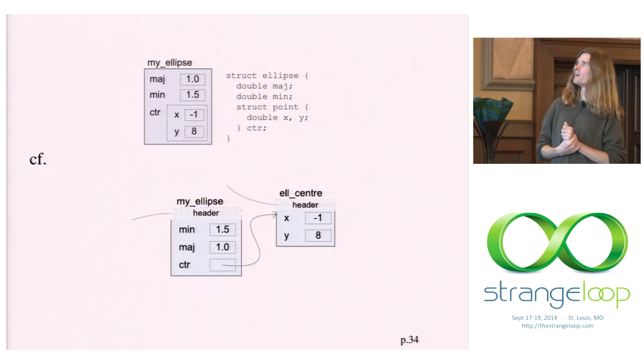So suppose you're writing some code in C and you have an ellipse data type, then it's probably going to end up looking a bit like the thing at the top. And you see that objects are going to be nested inside each other. So you've got a point that's inside the bigger ellipse, the point representing the center. And we can take the address of any of these fields, or I can take the address anywhere in this object.